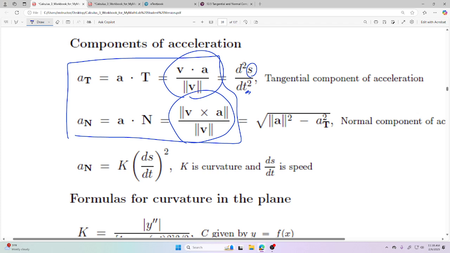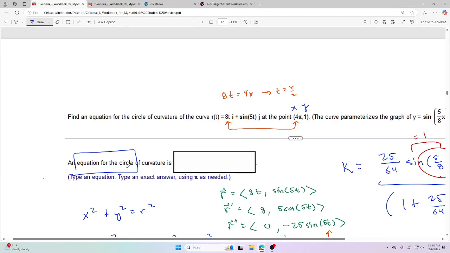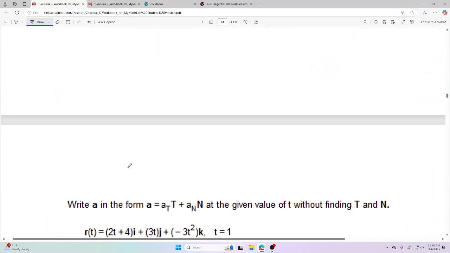Dot product is a scalar. Cross product is not, but now with the magnitude it is. Exactly. So we're making it a scalar for all this, which is nice. So we're basically looking for like 4, maybe 6 questions total, and very straightforward.